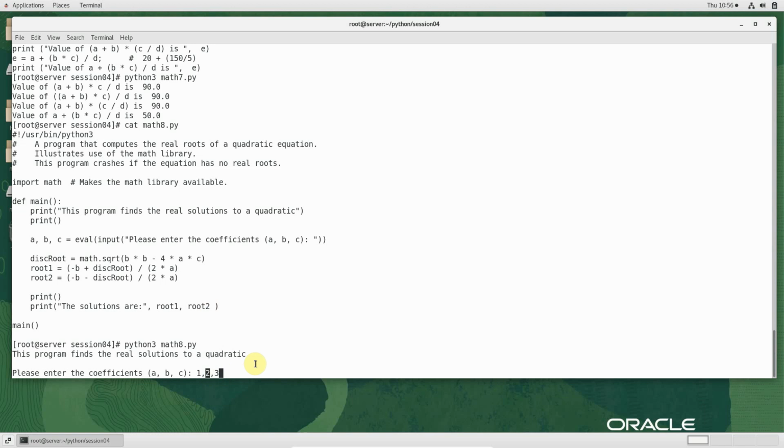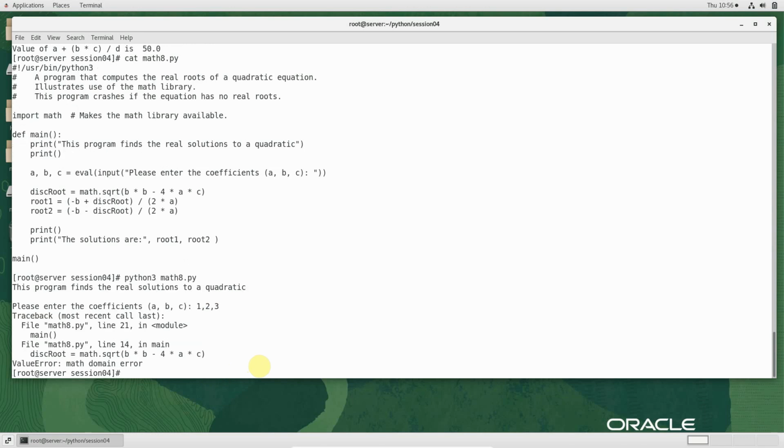So 4 minus 12 will be a negative value. So can we calculate the square root of a negative value? No. Therefore it will have imaginary roots, and hence it will fail, and you will get this answer, math domain error. Got the point?